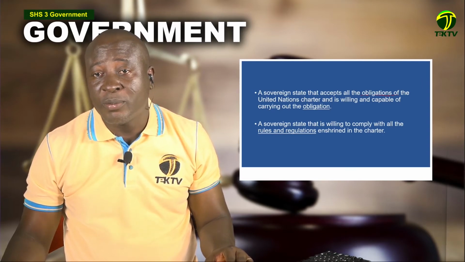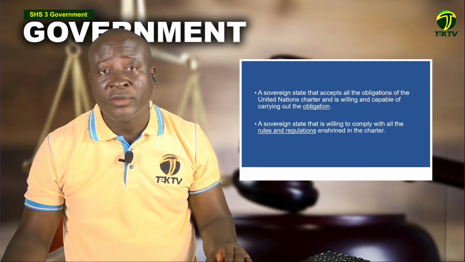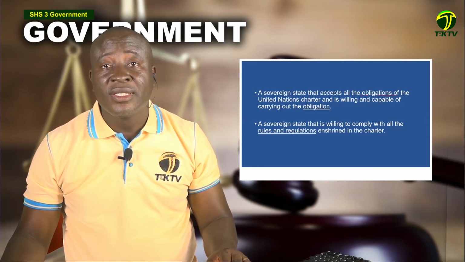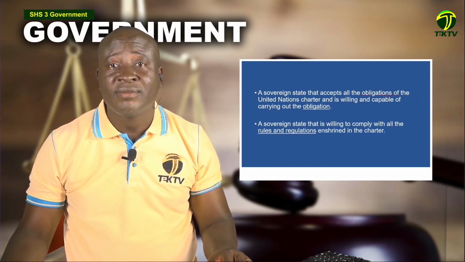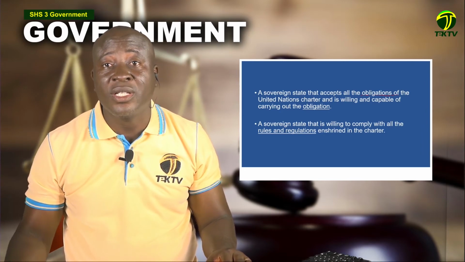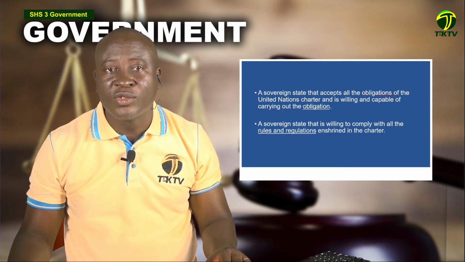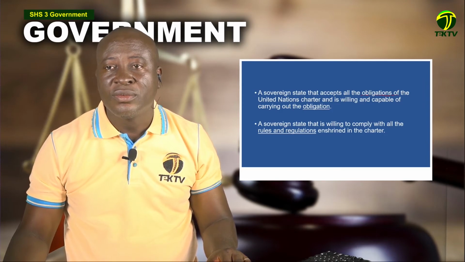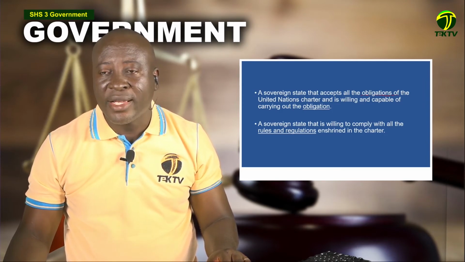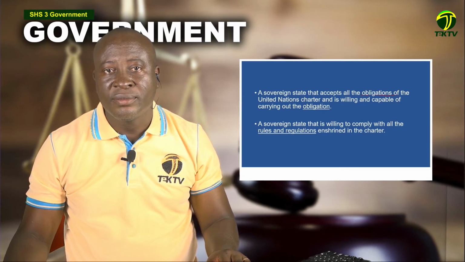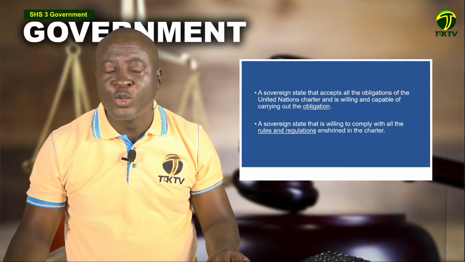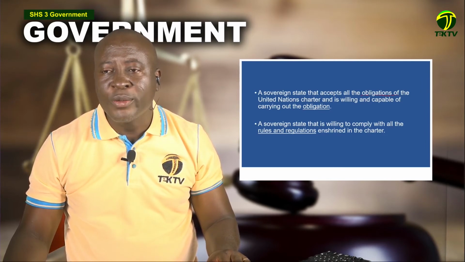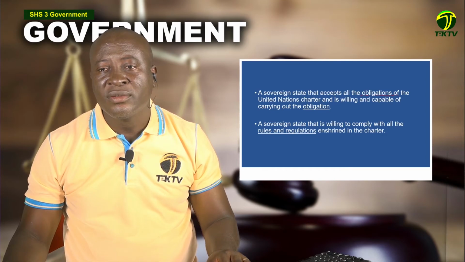So Ghana cannot be a dictatorial country, no. Ghana cannot decide not to organize elections, then all of a sudden, they come out as the leader. How? That is not the rules enshrined in the Charter of UN. So you, being a member of UN, should be able to comply, should be able to obey all the rules and regulations established by the Charter.